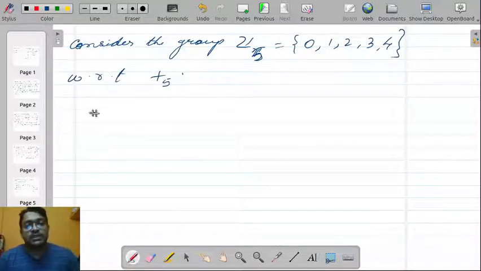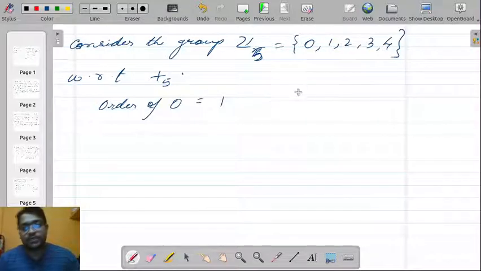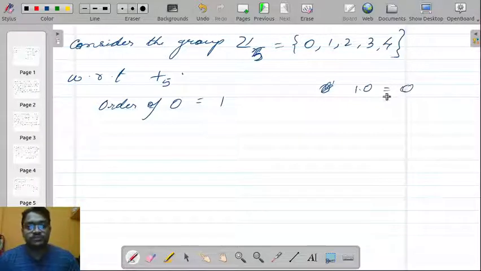Then what are the orders? The order of 0 is equal to 1. Here actually the operation is additive, so instead of writing 0 to the power 1, we actually write 1 times 0. 1 times 0 is equal to 0, right?